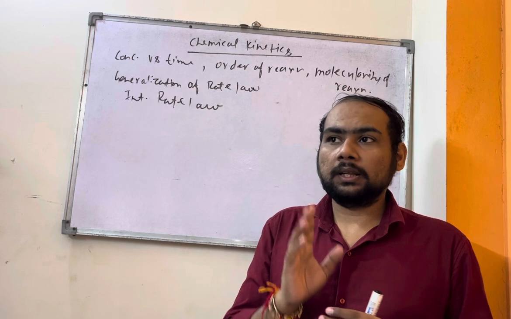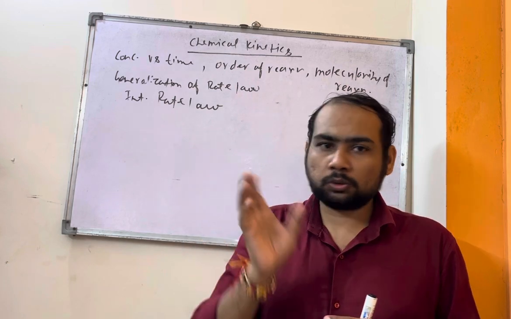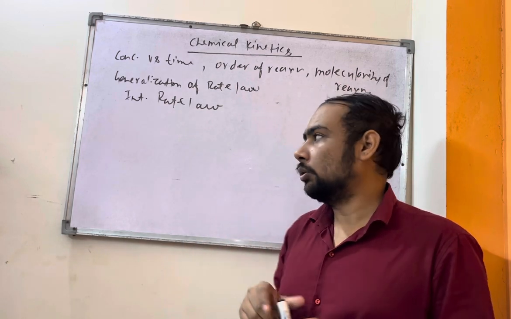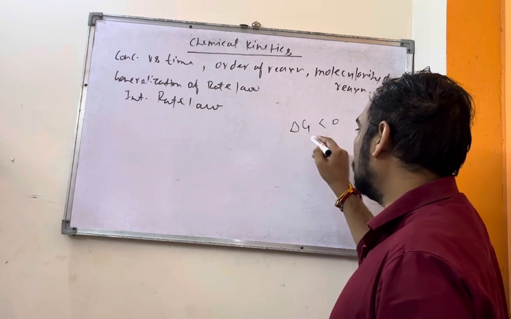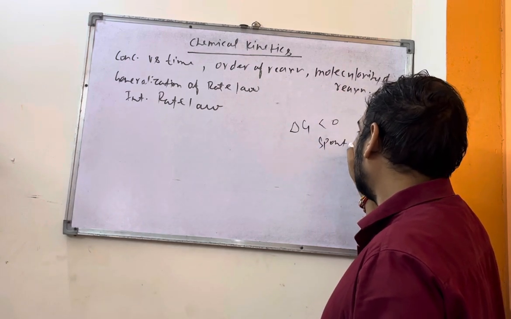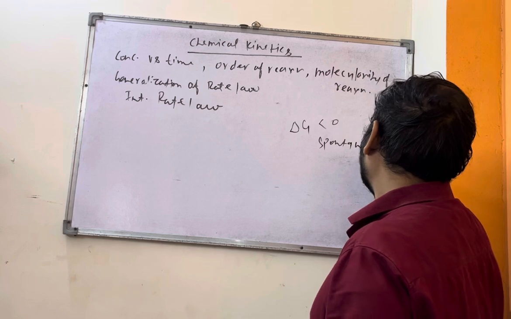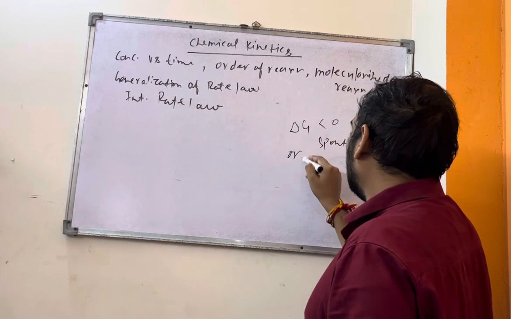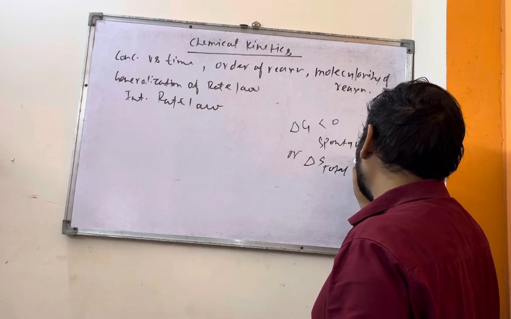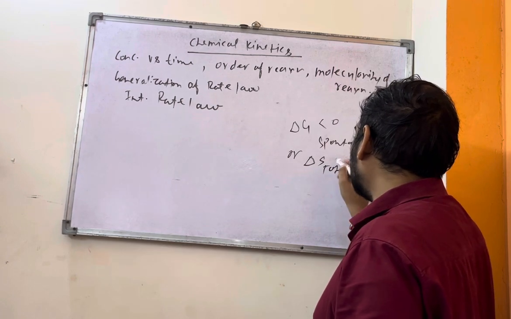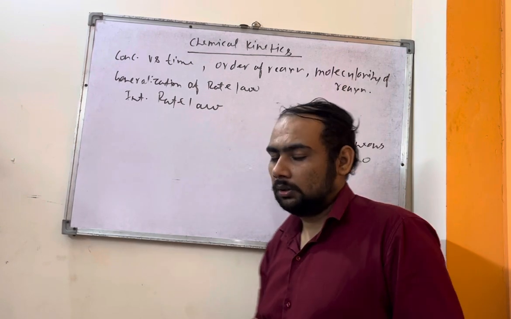It will tell that this reaction will be spontaneous, because we know that if delta G is less than 0, the reaction will be spontaneous, or if delta S total is greater than 0, then the reaction will be spontaneous.